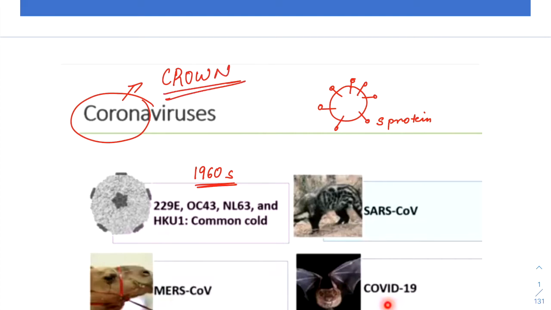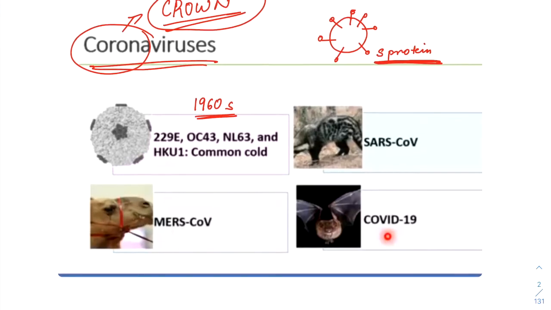Because it resembles a crown because of the presence of the S protein. On the coronavirus envelope, there are various spike-like proteins of the S protein which gives it a crown-like appearance and hence the name.